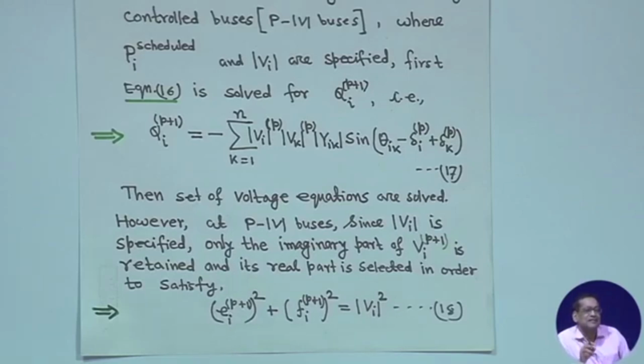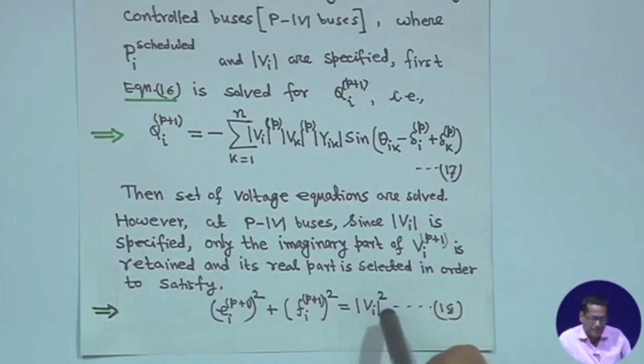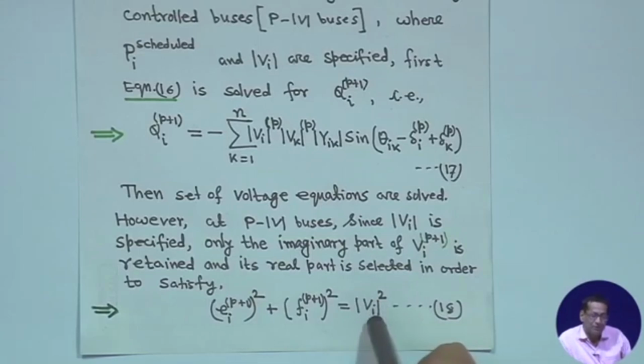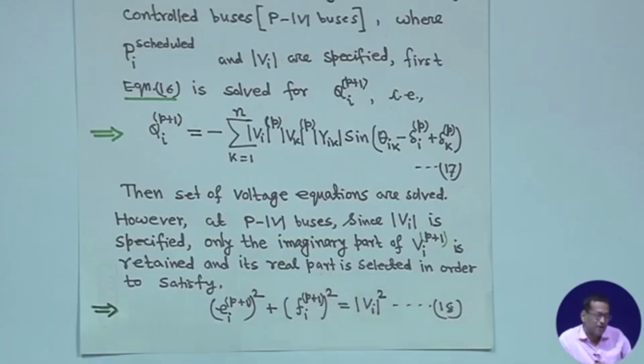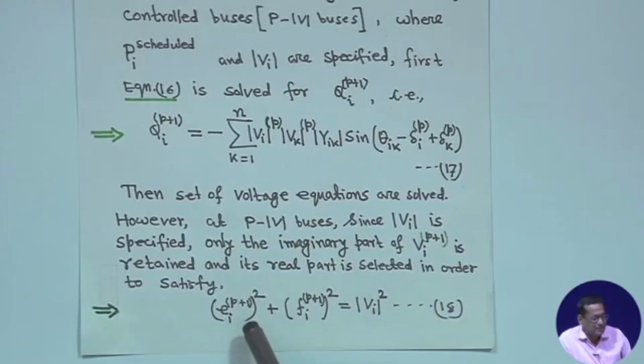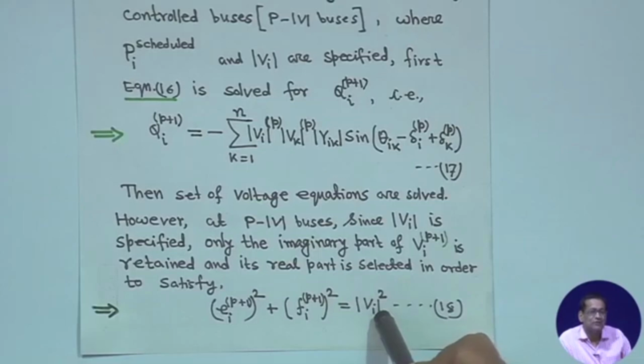The way you solve without considering the PV bus, you solve for V2, but we know the condition that the voltage magnitude of V2 remains constant has to be satisfied. After getting V2, the imaginary part is retained, and a new value of the real part is computed such that the voltage magnitude remains constant. This way we will follow.